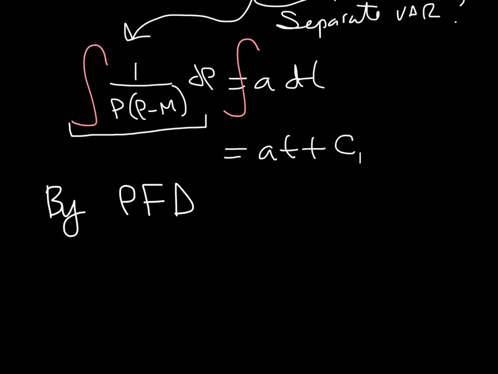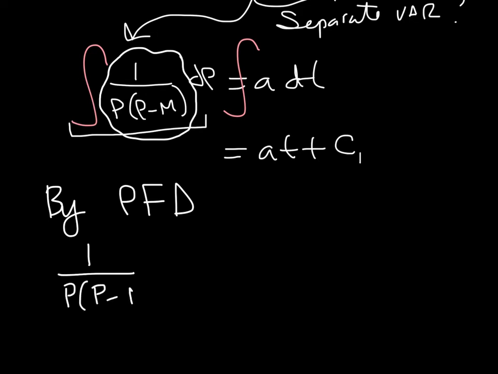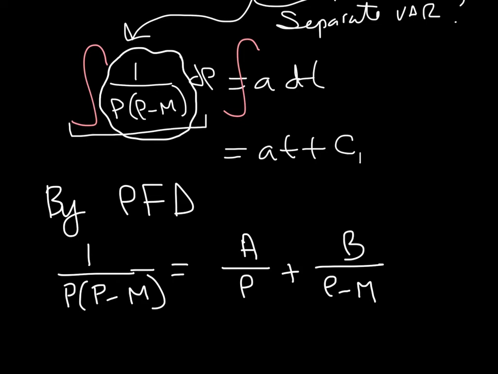I'm going to take my function here, my integrand, and I can split this guy up, right? I really want my P here and my P minus M. So I want to find coefficients, A and B, such that this is true.